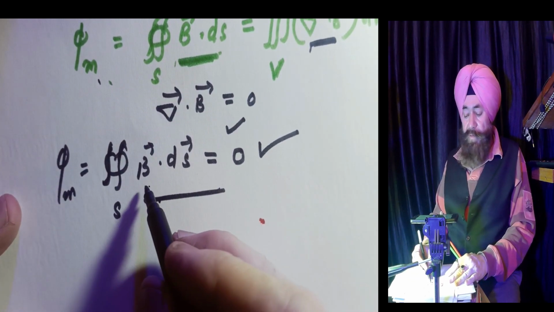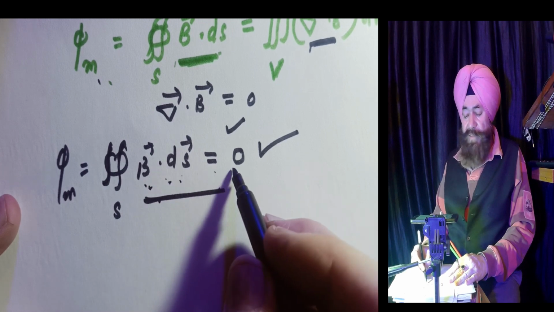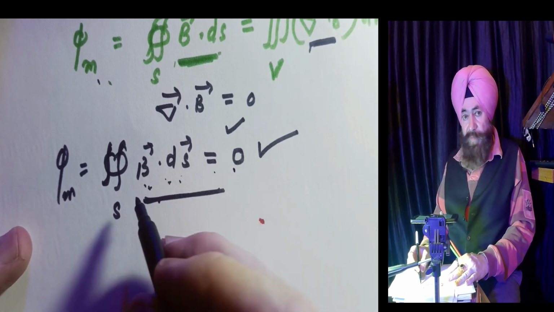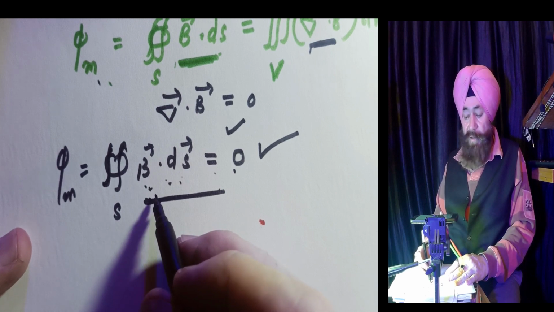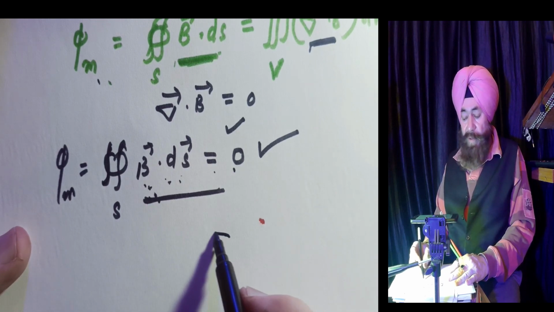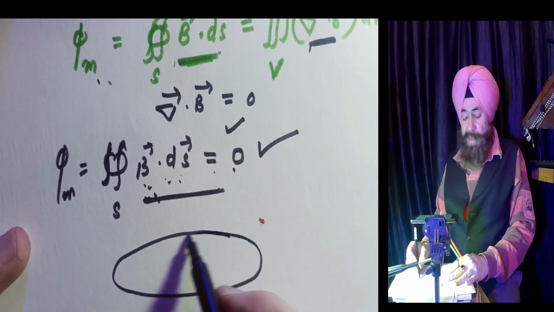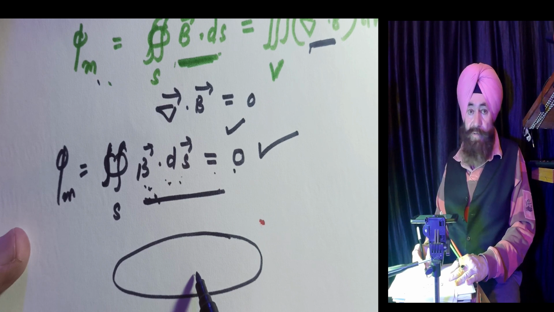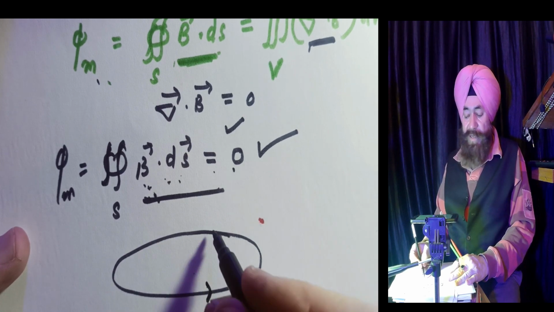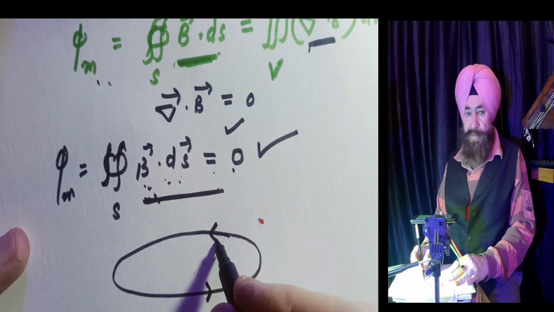Now, magnetic flux equal to 0 doesn't mean there is no flux. There is magnetic flux. But the magnetic lines do not have any starting point and terminating point. They always exist in loops, the magnetic lines.